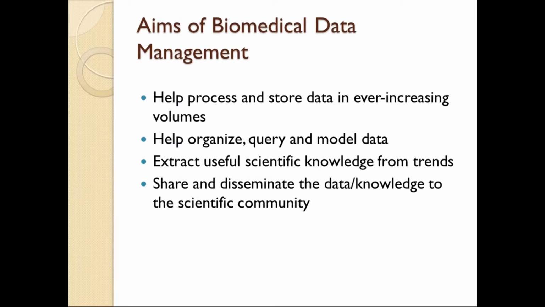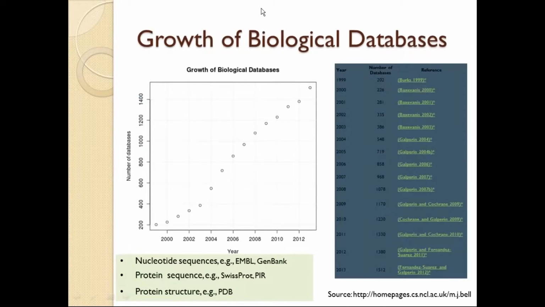So we have biological databases. We don't have one huge homogeneous biological database. In fact, we have a database curated by different groups throughout the world. This is a growth of biological databases from 1999 to 2013. You can see that we have a steady but not exponential growth.